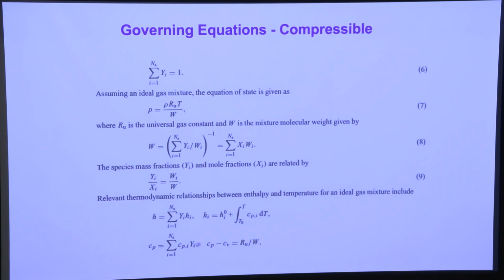Cp and Cv in this expression down here are simply the isobaric and the isochoric heat capacity, respectively, and this integral, Cp_I dT, is, as I mentioned before, the sensible component of enthalpy.